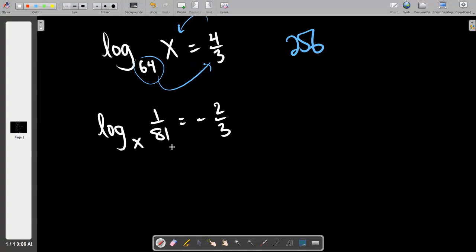Anyone know? Xavier, what would my equation say? Thank you for answering that so efficiently and perfectly. That's exactly the equation that you need to put in your notes, because that is what the equation looks like if you do the conversion from what we call logarithmic to what we call exponential.